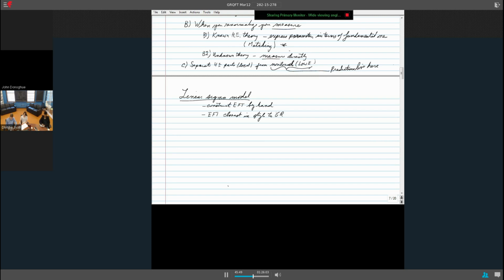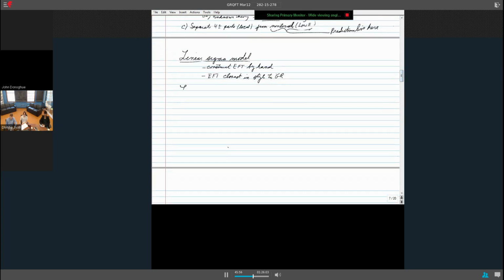This is a good model for us because you can construct the effective field theory by hand. So you can see the approximations made. But it's even better for this particular course because it's the effective field theory closest to general relativity in style.